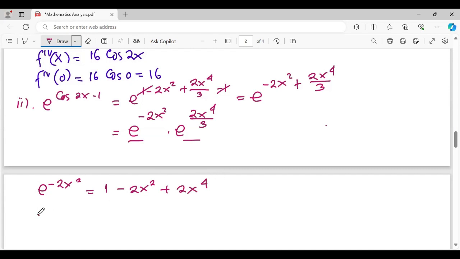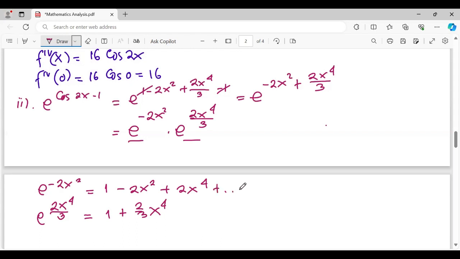And e to the power 2x to the power 4 over 3 is 1 plus 2/3 x to the power 4.